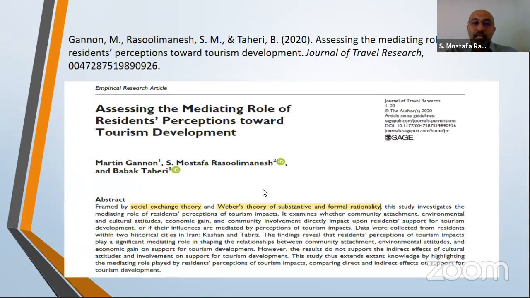If you look at this paper, actually in this paper, we apply two theories, social exchange theory and Weber theory of rationality. So based on these two theories, we hypothesize mediation and also hypothesize direct effect.